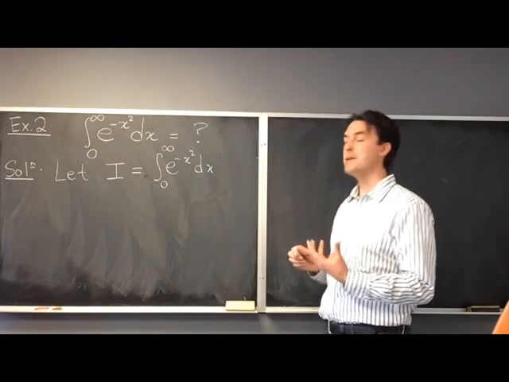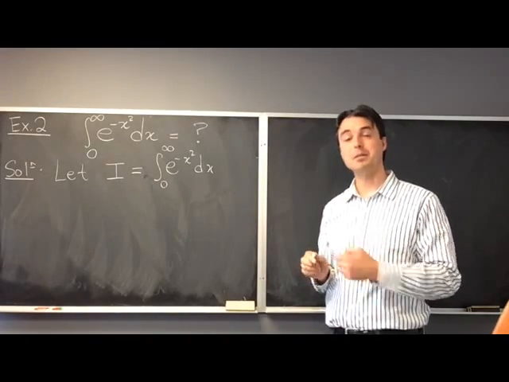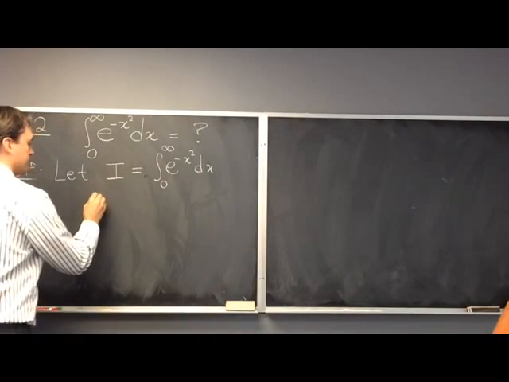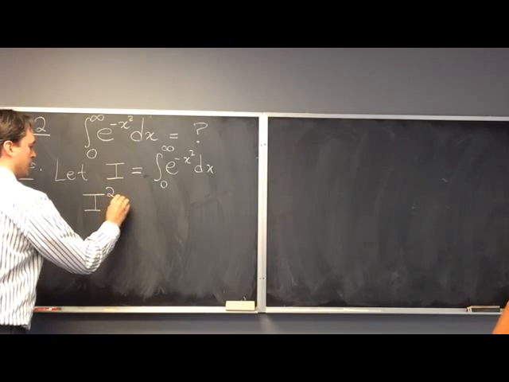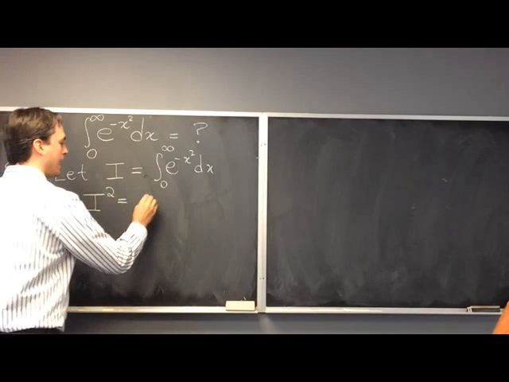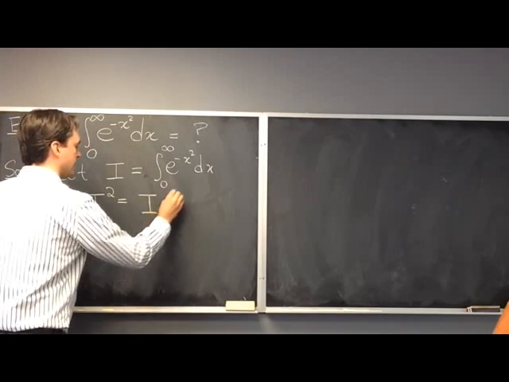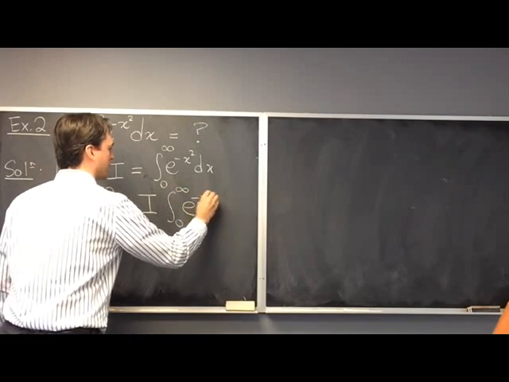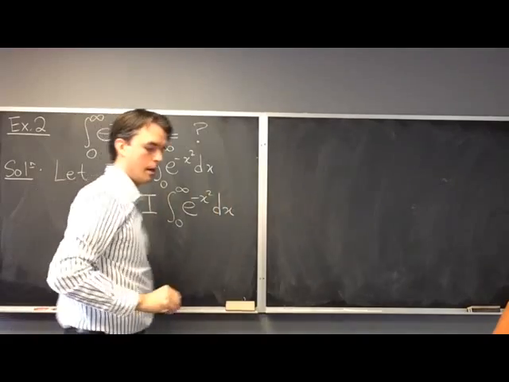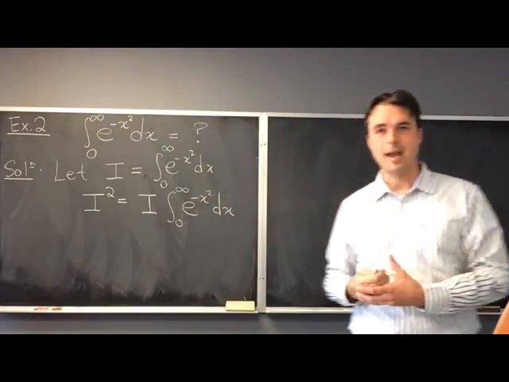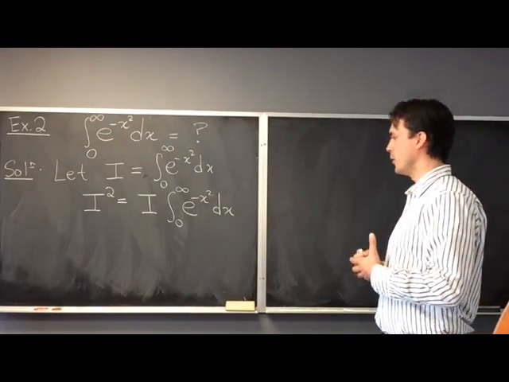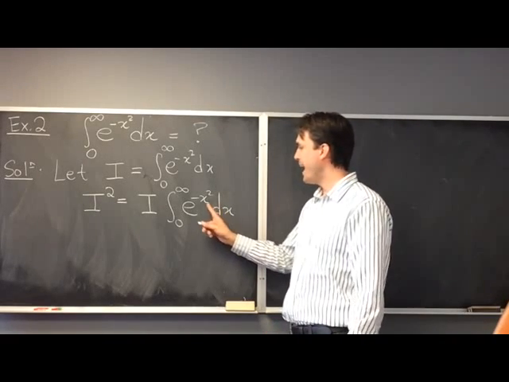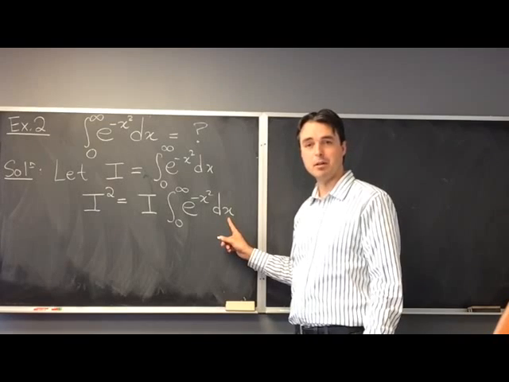Alrighty, and so then let's multiply both sides by I and see that I squared equals I times the integral from 0 to infinity of e to the minus x squared dx. I've just multiplied both sides of the equation by I. Now, remember this variable x is just a dummy variable.